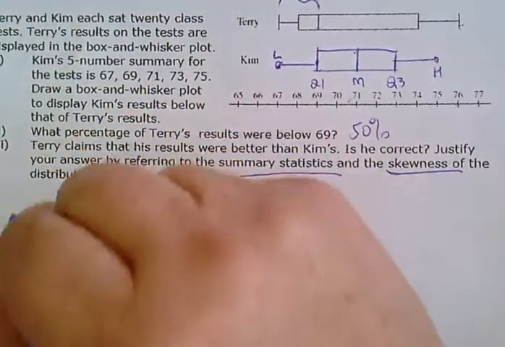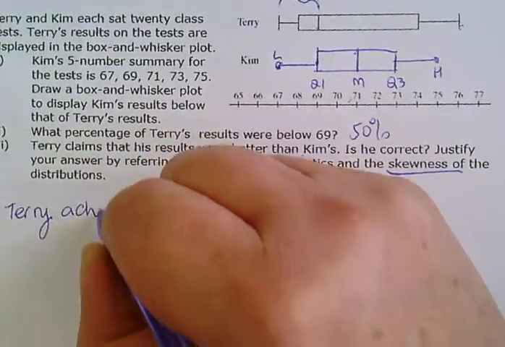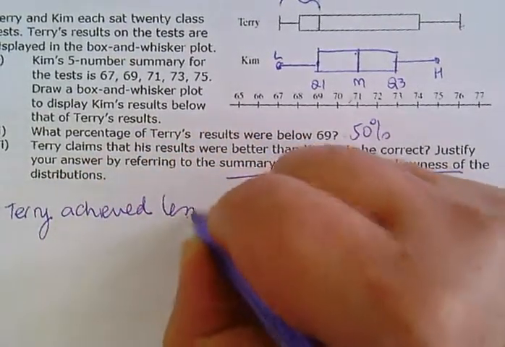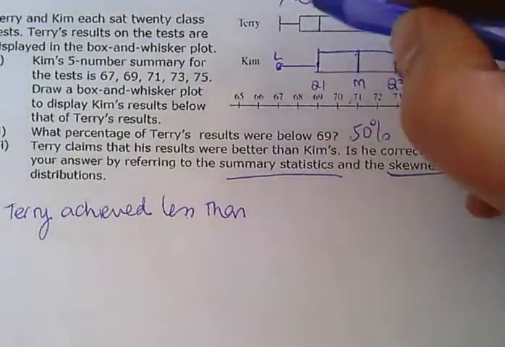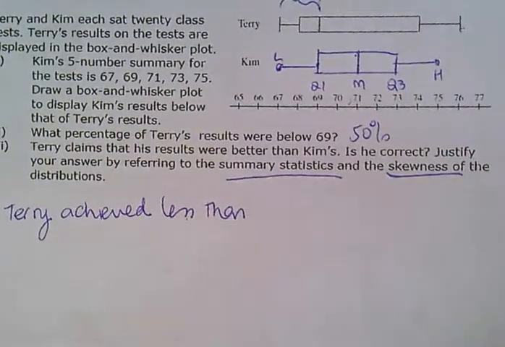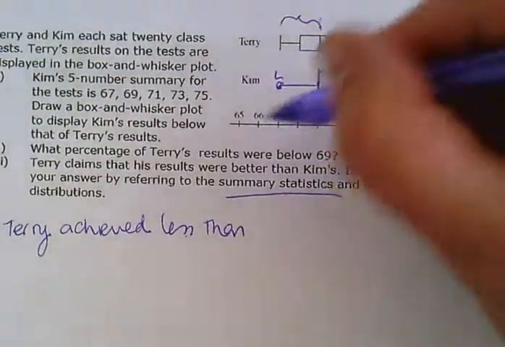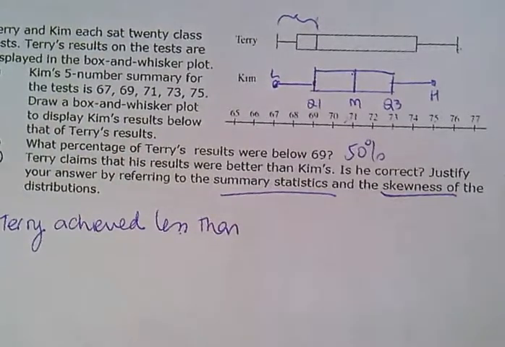So Terry achieved less than 69. You can't compare the mark of 68 for both people, because 68 is somewhere between 67 and 69 for Kim, and it's not a specific cutoff point.